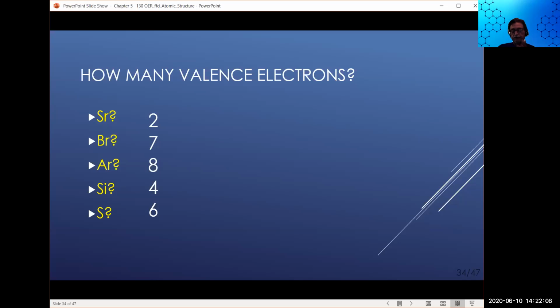Argon, which is in group 8, is one of the noble gases, has 8 electrons. Silicon is in group 4. Silicon has 4 valence electrons. And then sulfur is in group 6, so it has 6 valence electrons.